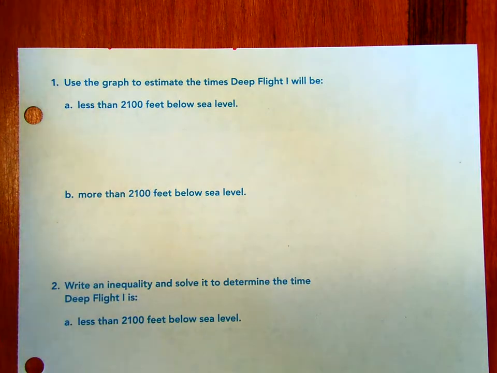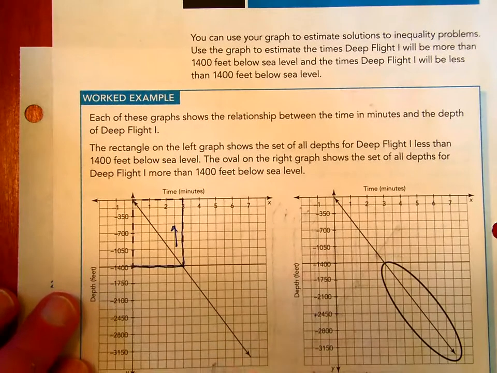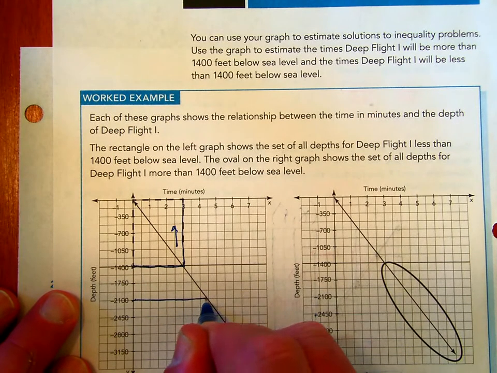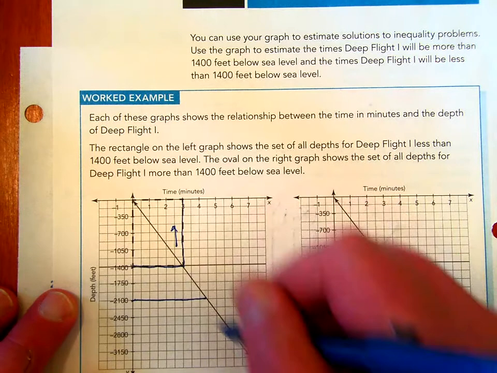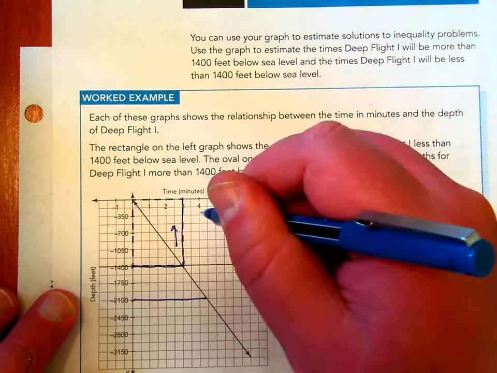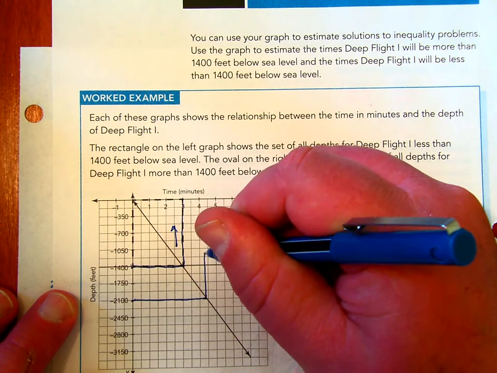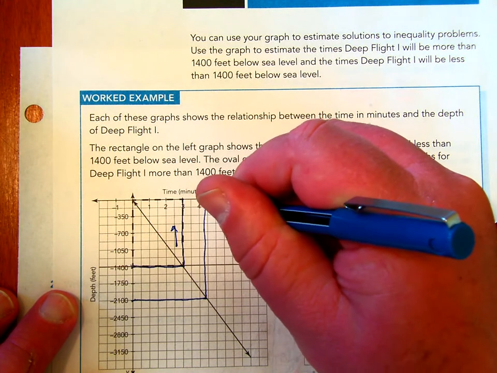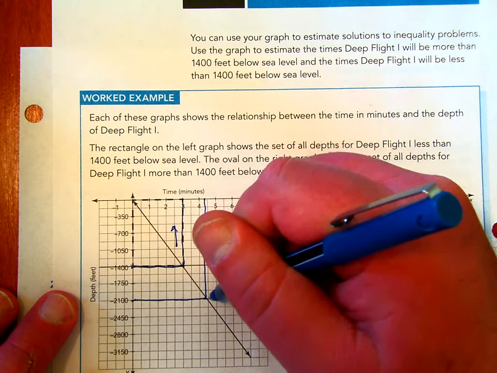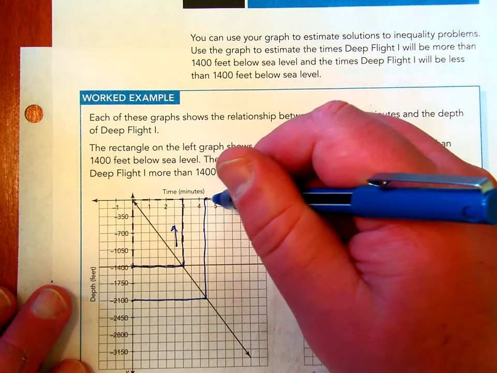So, let's find 2,100 feet below on our chart. It's right here. So I'm going to draw a line out to where it intersects our graph at negative 2,100, and then I'm going to come up from that. Well, I'm pretty close. It's not far from 4.5. So I'm going to say it's about 4.5 minutes.